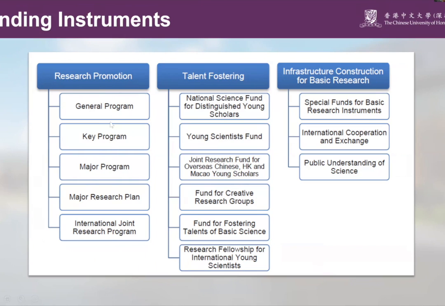Each of these differs by an order of maybe 5 times the amount of research funding. An individual research grant is anywhere in the order of 120 or 150 thousand US dollars, and then multiply that by 5 for each of these. That gives you the sort of magnitude of the research funding that we're talking about.